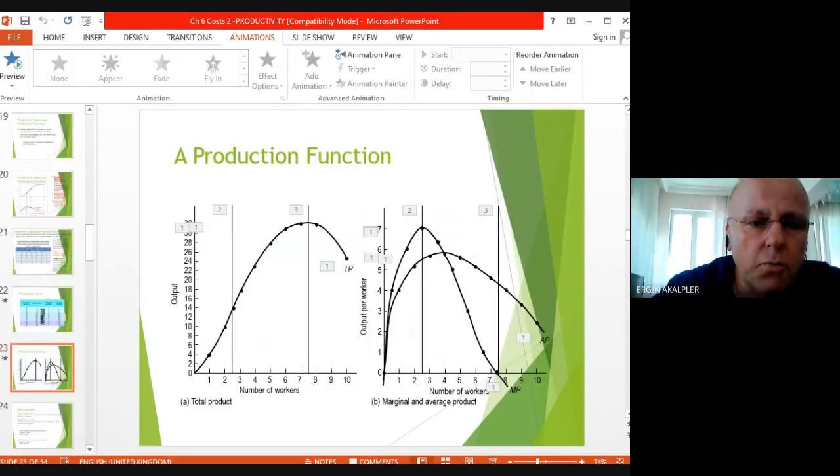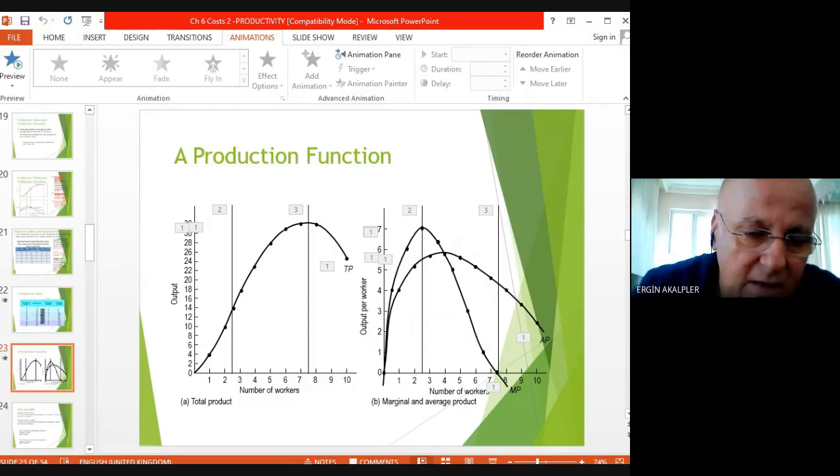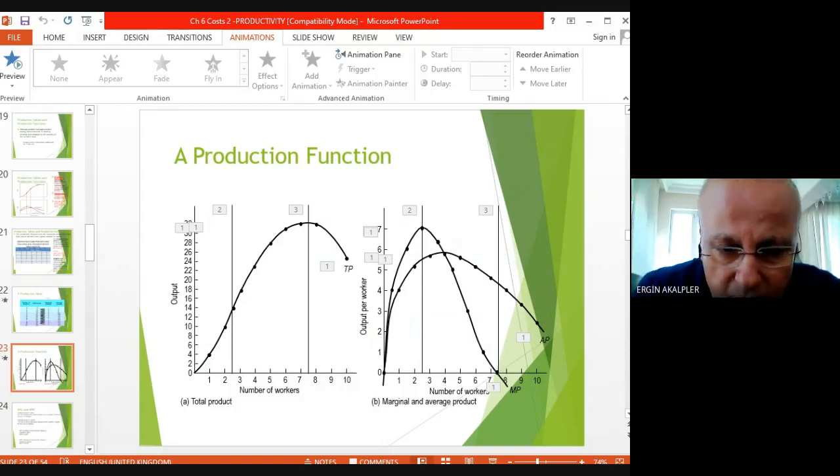And when we are looking at this production function, and again this marginal revenue and average revenue, you are understanding that in the first phase we have the increasing. In the second phase we have again, of course, a decreasing amount of increase, and in the third phase we have the negative or decreasing level of production in a given scenario, which we have exercised in the former class.